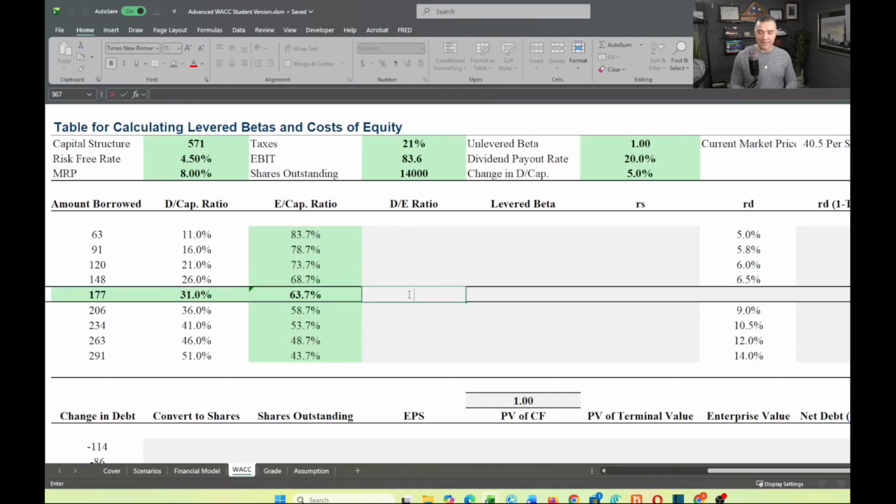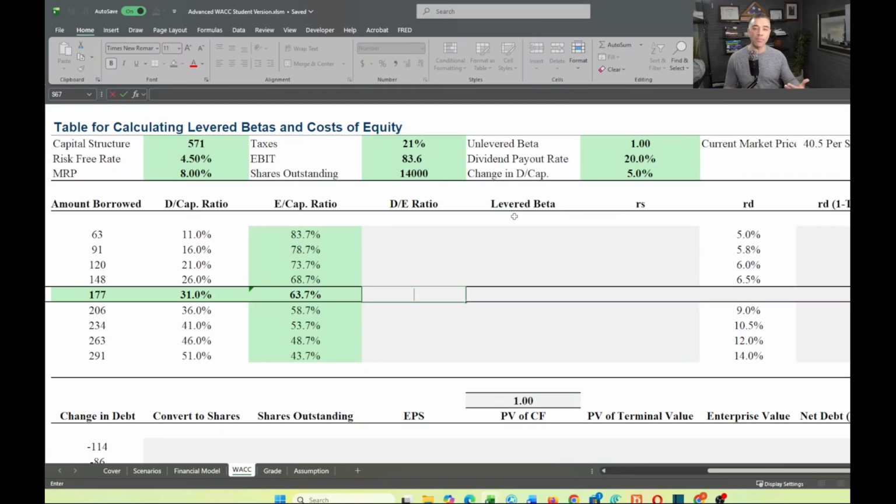Okay, since we've got the debt to capital ratio and the percentage of equity ratio, I need the debt to equity ratio in order to find out our levered beta. I know our unlevered beta is 1. I want to know, as we increase debt through the Hamada equation, what happens to our beta?